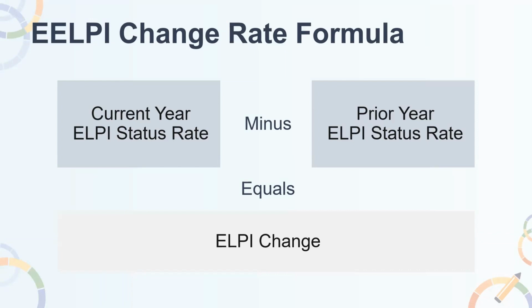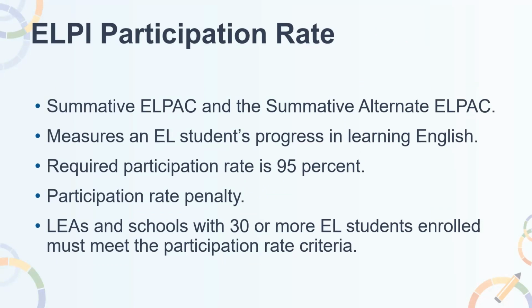The LP change rate formula is as follows: current year LP status rate minus prior year LP status rate equals LP change. Every spring, current EL students are required to take the summative LPAC or the summative alternate LPAC.